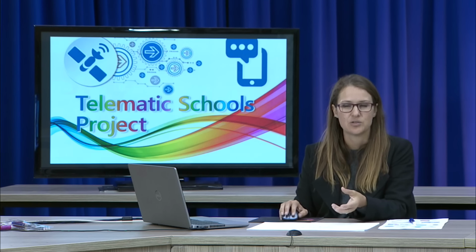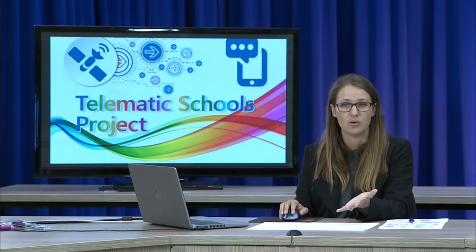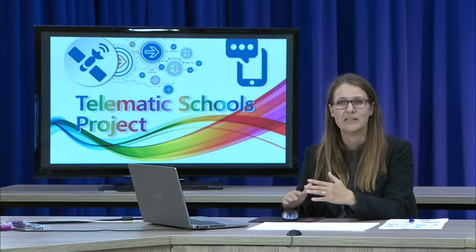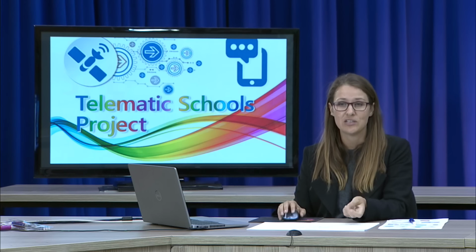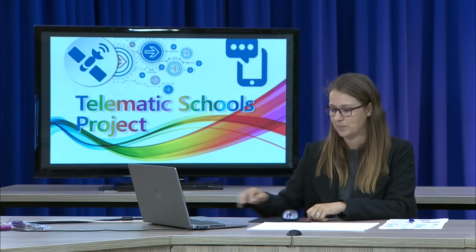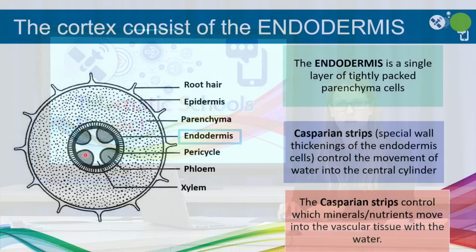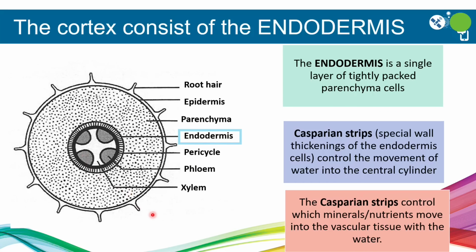And that vascular tissue would then be your xylem and your phloem. But if we're talking about water, the end goal of the water would be to get to the xylem, of course. So in terms of our diagram, the Casparian strips control how the water moves through it. This can be water or nutrients in order to reach the end goal, which is that vascular tissue.